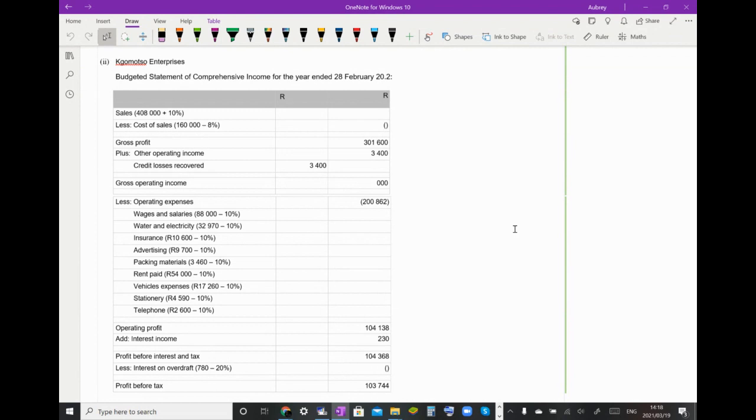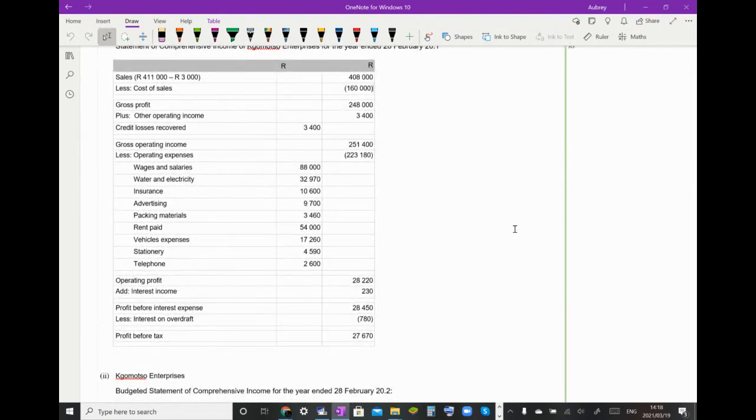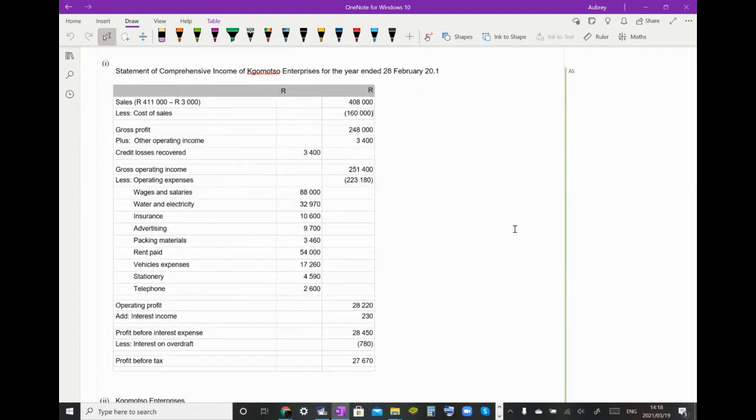So the first thing they want us to do is to actually do 2001, the statement of comprehensive income. Okay, and then they want us to do 2002. Okay, so I've pretty much already done 2001 for you guys.